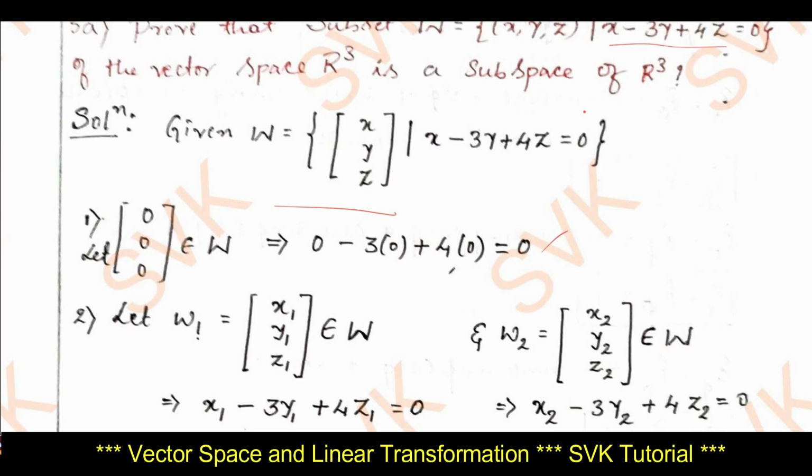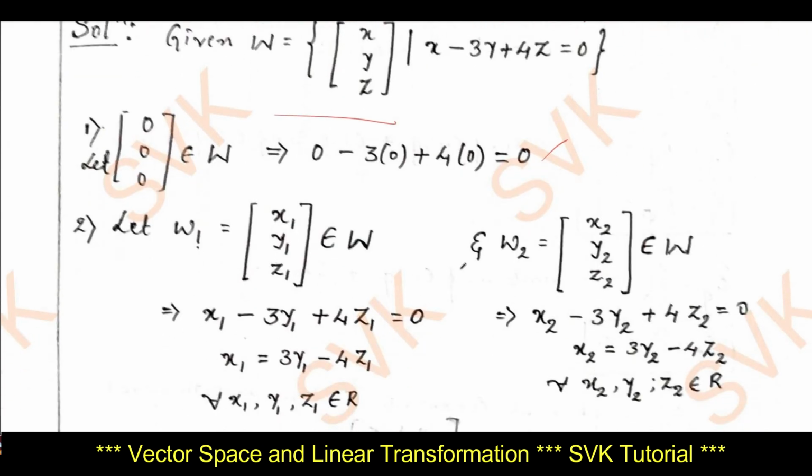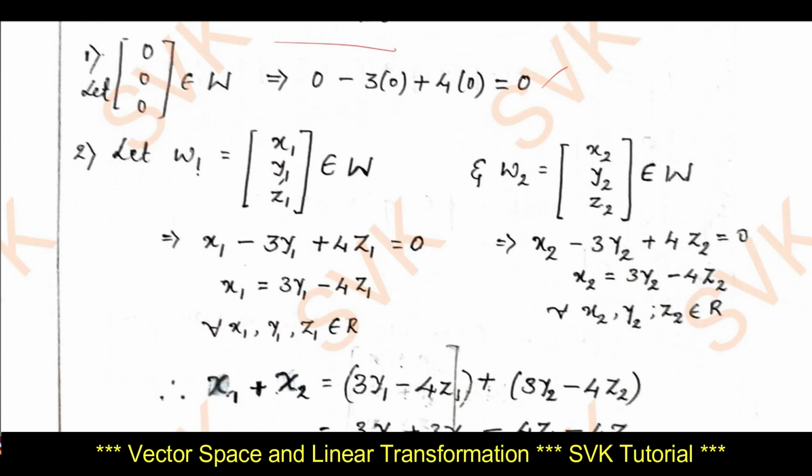Moving on to the second condition, I need to prove vector addition. You need to consider two vectors, both from W. So W1 plus W2 should also satisfy the given condition here. For that reason, I have considered W1 as (x1, y1, z1) and W2 as (x2, y2, z2).